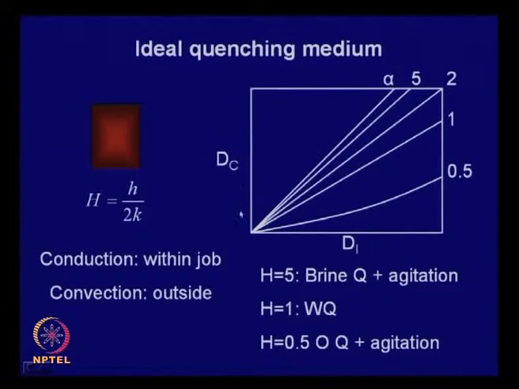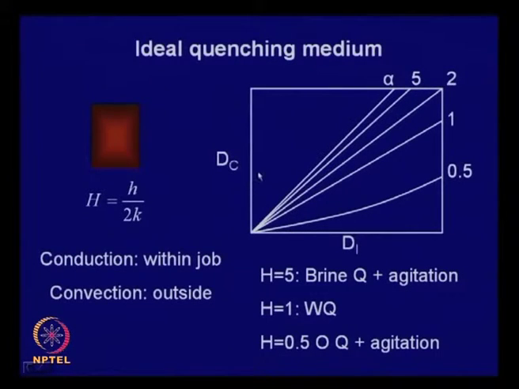And here you have a chart which gives you the relationship between the critical diameter and ideal critical diameter, and this is the plot for infinite quenching severity, that is H is equal to infinity, and you will find that the slope of this line is 1. So, that means if the critical diameter Dc is 1, Di is also 1.